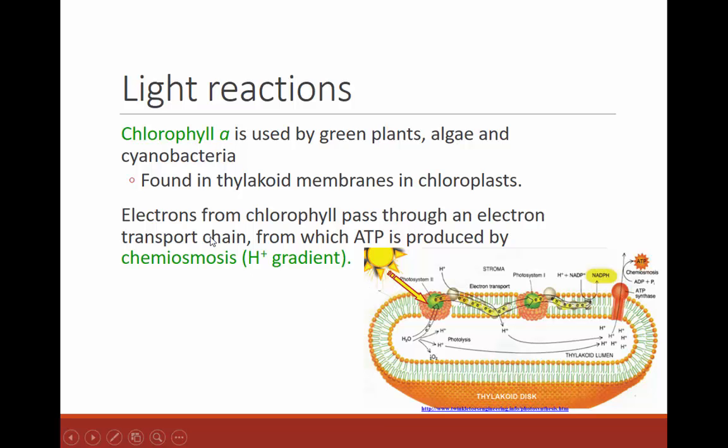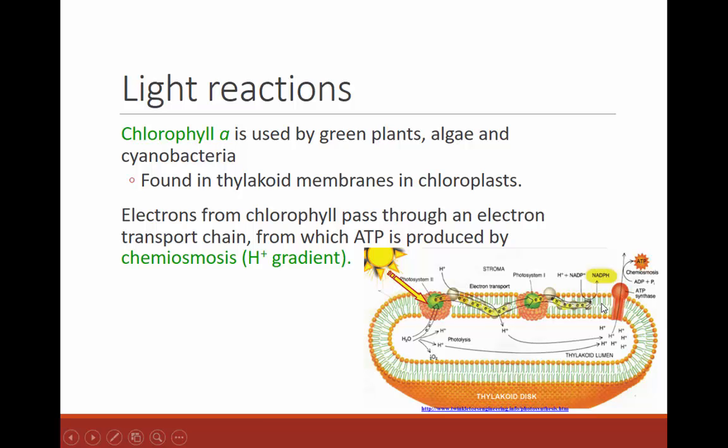The electrons from the chlorophyll pass through the electron transport chain. So you've got the light coming in here, then the electron transport chain, and then the hydrogen ion movement. So that's what's happening in that.